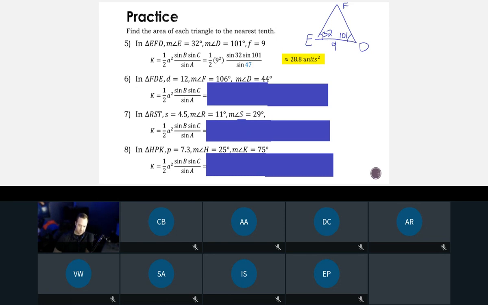Ready, go. If you are done, just go on to the next 2 problems.